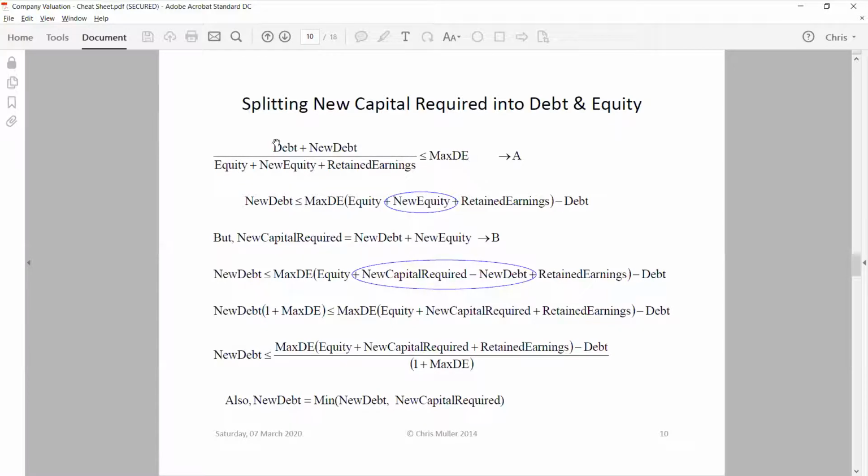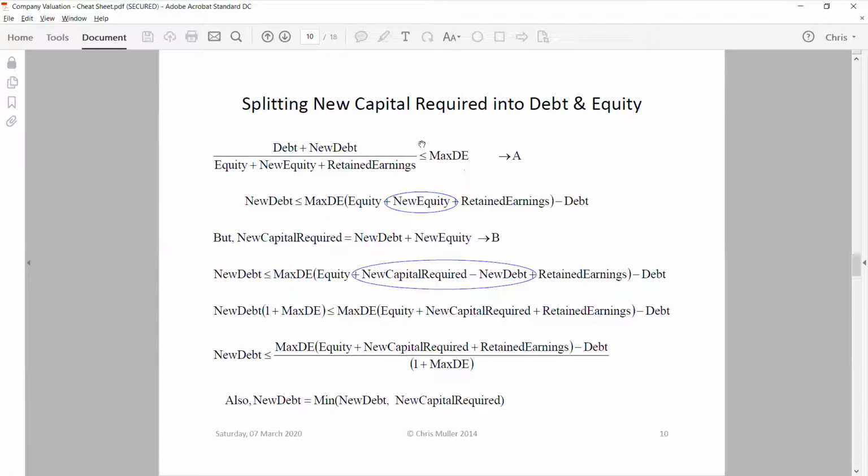And we want to make sure that last year's debt plus any new debt that we raise, when you divide it by last year's equity and any new equity that we raise, and of course any retained earnings that are going to come in, that quotient must be less than our maximum debt equity ratio. That needs to happen.